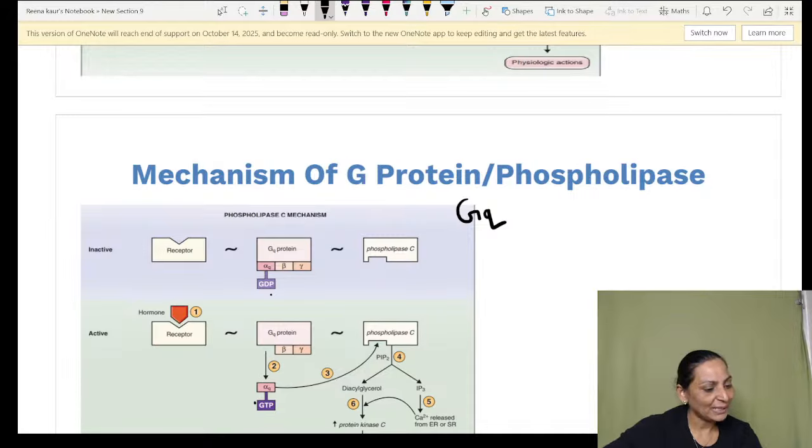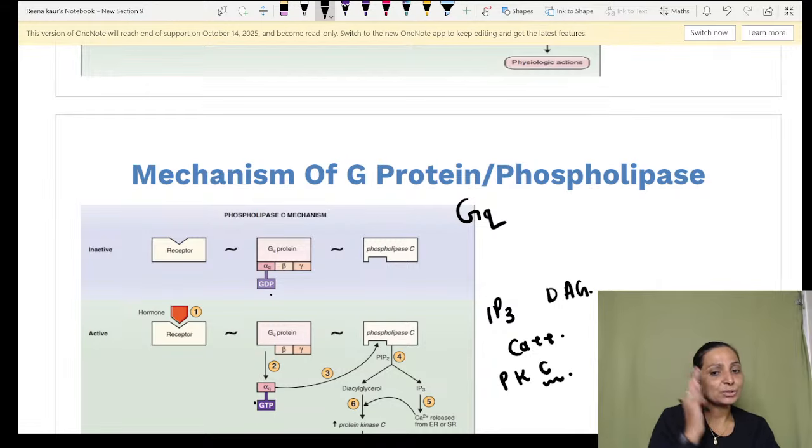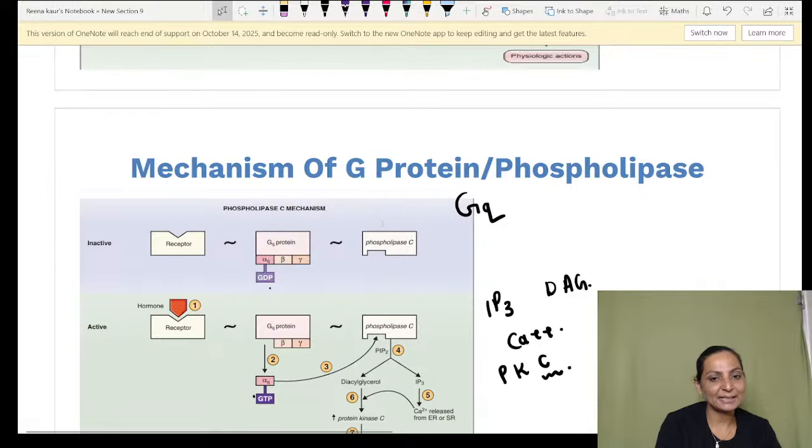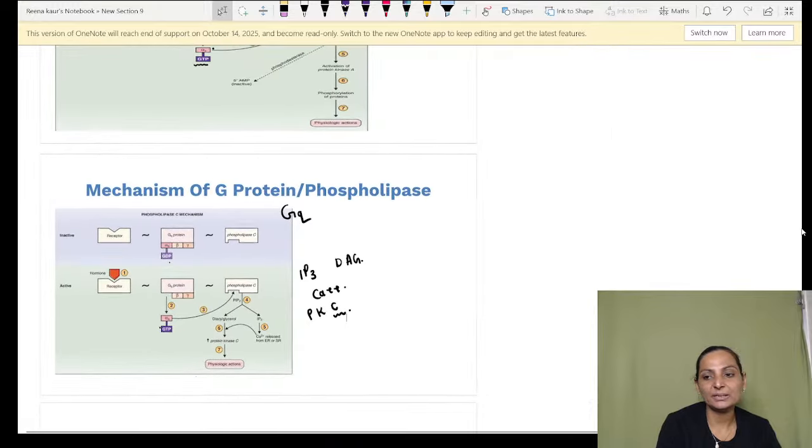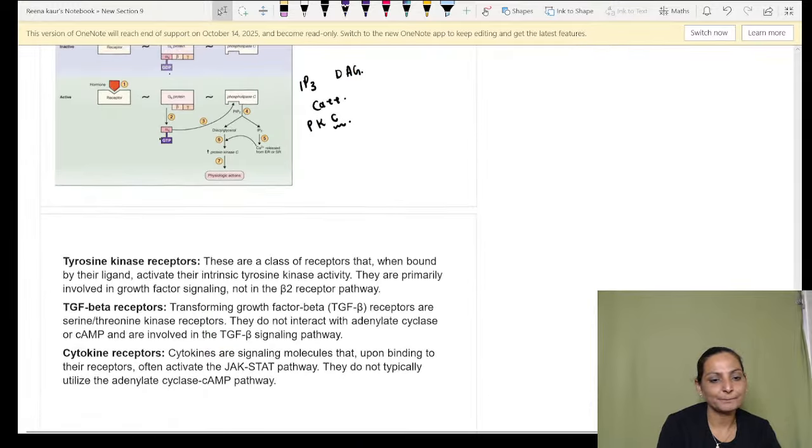But when phospholipase is present, the secondary messengers would be IP3 and DAG, that is inositol triphosphate and diacylglycerol, and an increase in intracellular calcium, and the enzyme that will be activated is protein kinase C. So you must remember which hormones use cyclic AMP, adenyl cyclase, or this phospholipase.